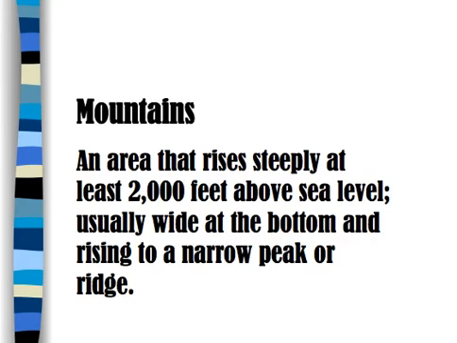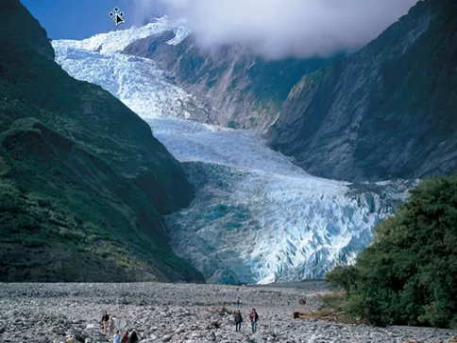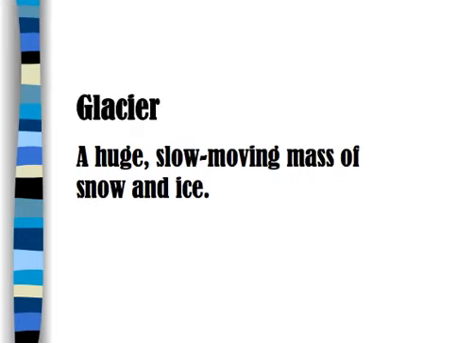Ready to keep going? Do you know what this is? Notice the people below it, and what we're looking for is pretty much what this is. If you guessed a glacier, you're correct.